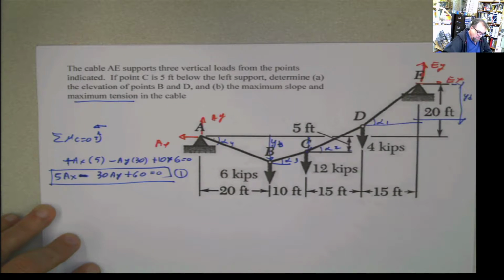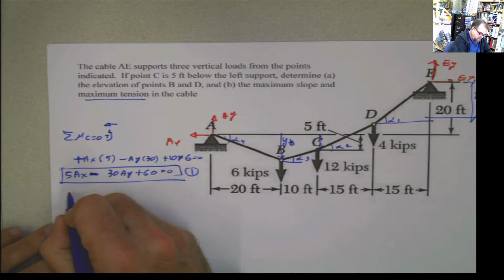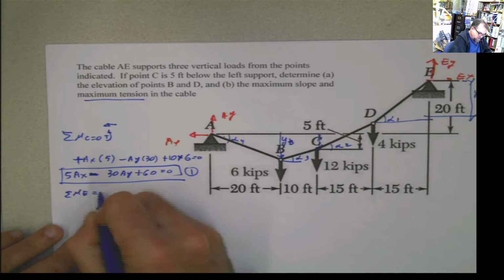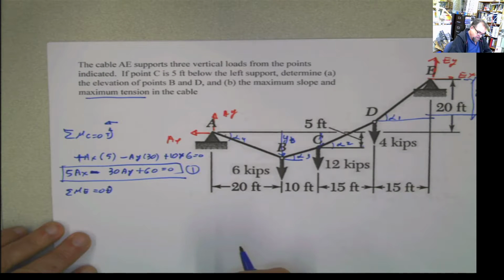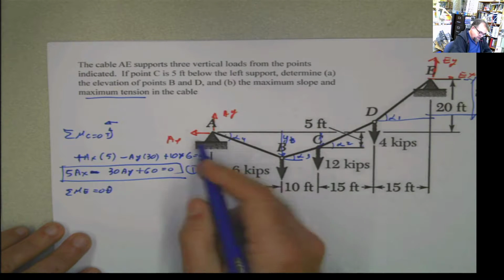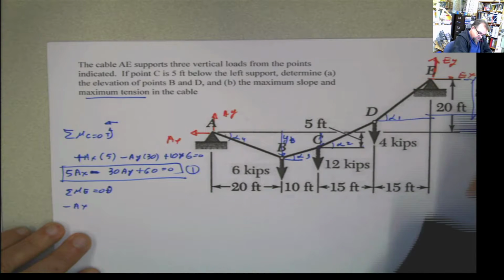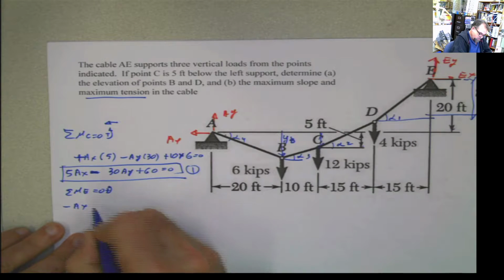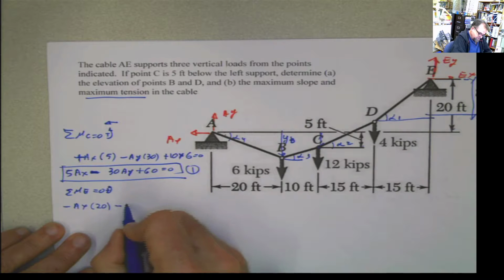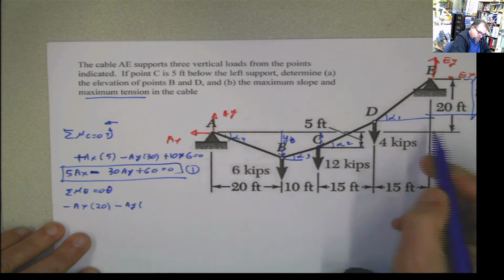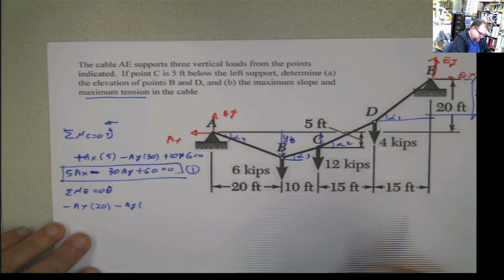And then I can take the whole thing because I have every single distance that I need. So I'm going to do summation of moments at E, using everything from here to here. And then you're going to start by saying negative AX horizontal multiplied by 20, minus AY multiplied by this distance, and this distance is 60.